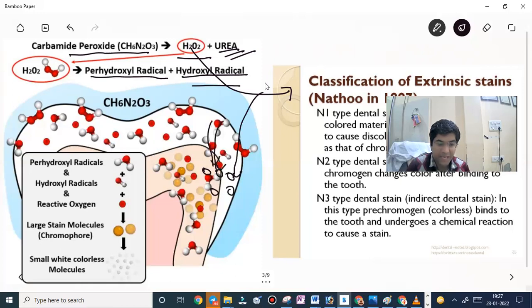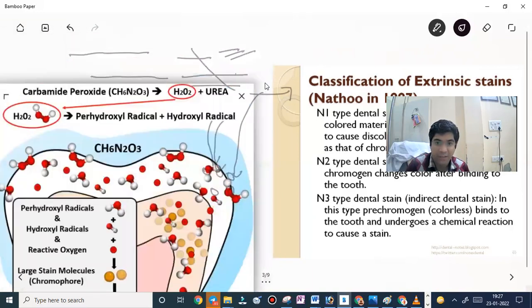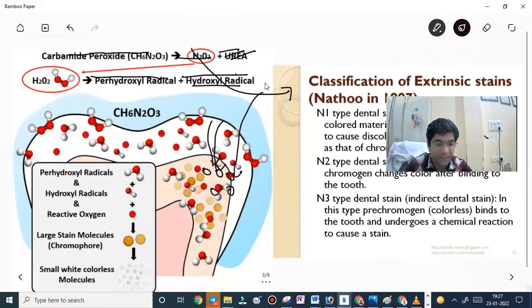So these are the areas of discoloration, and these radicals enter into the enamel or the dentine, and they diffuse to the area of the discoloration and break down the double bonds in the discolored or stained areas.